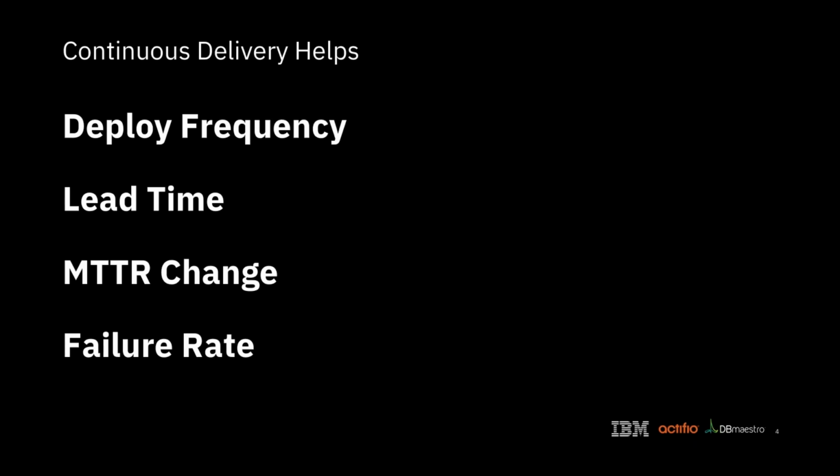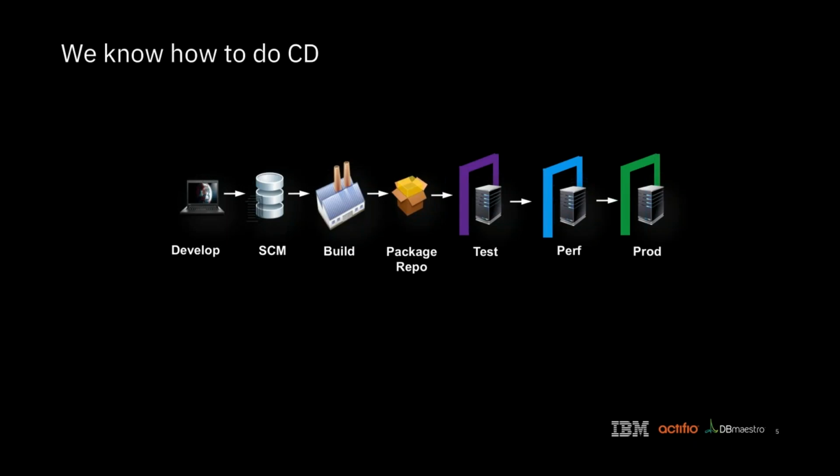Continuous delivery helps. And the good news here is, yeah, we kind of know how to do continuous delivery these days. The Humble Farley continuous delivery book is, I don't know, 8-10 years old now. We've had tools in this space since 2005. This basic build pipeline construct is something that's pretty familiar to folks in the industry.